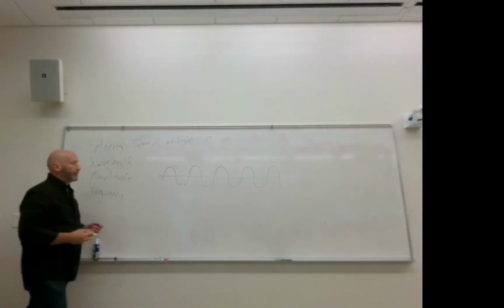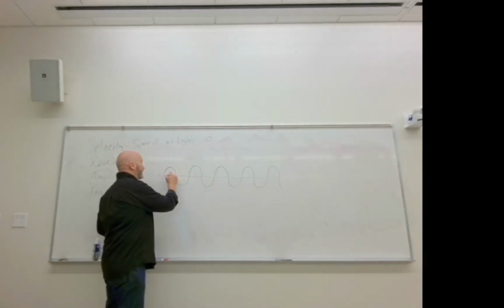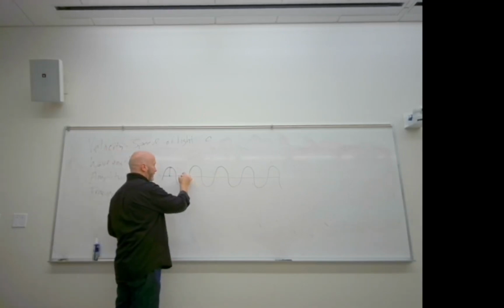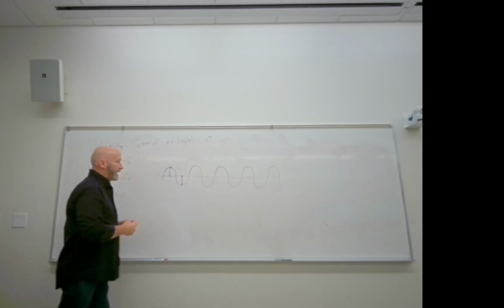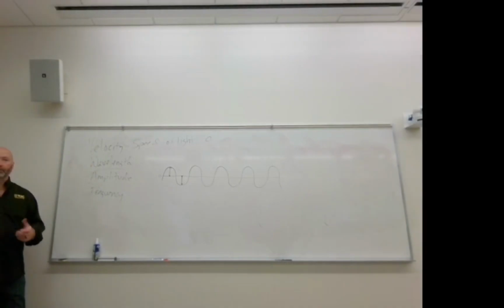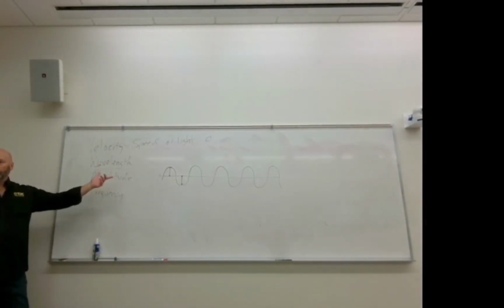So the amplitude is the measure of the height of the wave. So it's from this point all the way up to the top of the wave, or since the line goes right across the middle, it would be from that point to the bottom of the wave. And really, the only thing amplitude tells us is the intensity of the wave, so the brightness of the light, pretty much.